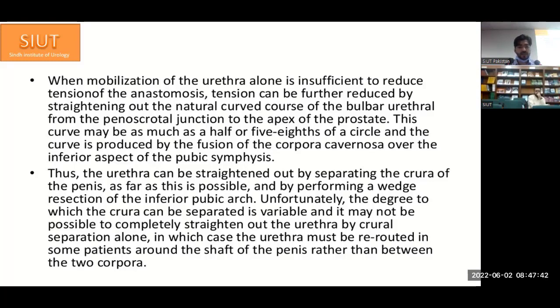Unfortunately, the degree to which the crura can be separated is variable. It may not be possible to completely straighten out the urethra by crural separation alone, in which case the urethra must be rerouted in some patients around the shaft of the penis rather than between the two corpora.